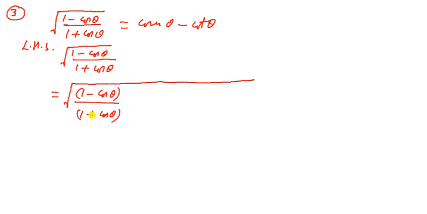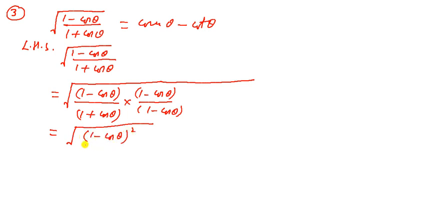The sign is reversed, that is, if it is positive then take negative, if it is negative then take positive, and multiply both numerator and denominator. So 1 minus cos theta, and here is 1 minus cos theta. So the upper part is 1 minus cos theta whole square, and for the lower part it is the formula a plus b and a minus b becomes a square minus b square.